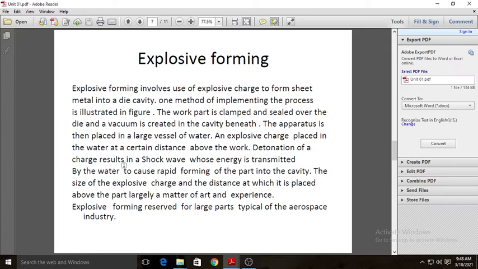Detonation of the charge results in shock waves, whose energy is transmitted by the water to cause rapid forming of the part into the cavity. The size of the explosive charge and the distance at which it is placed above the part are largely a matter of art and experience. Explosive forming is used for large parts, typical of the aerospace industry.